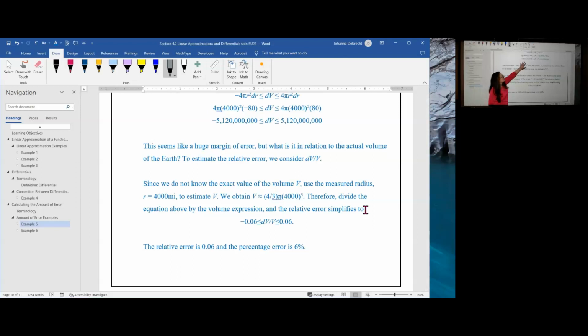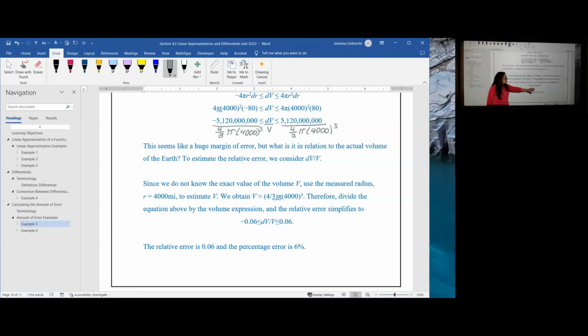If I take this relationship up here and I divide by the volume in each case, it turns out that if I divide all three parts of the inequality by the estimated true volume, is that even a word, estimated true value?